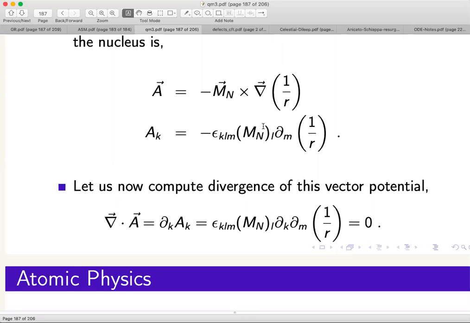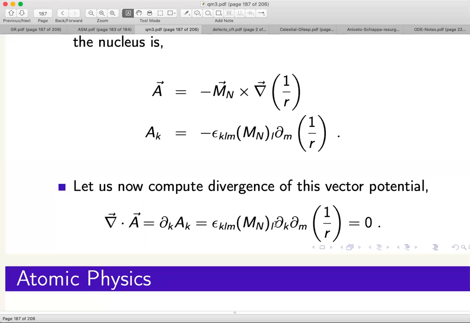Therefore, when you take the divergence of A, it is taken with respect to electronic coordinates, and that derivative just runs through Mn and acts on 1 over R. Mn is written in terms of nuclear variables, which have nothing to do with the electronic variables, and therefore this derivative only acts on R.